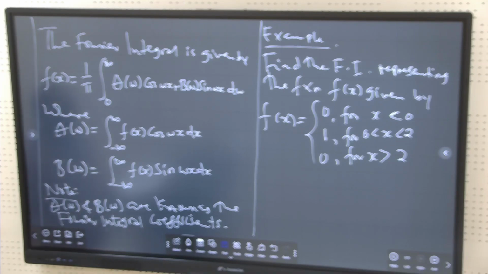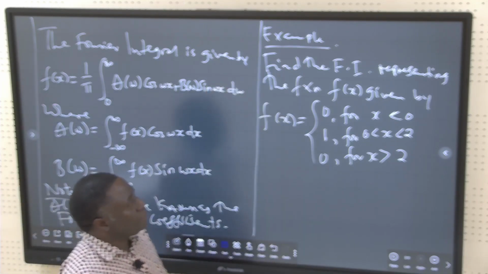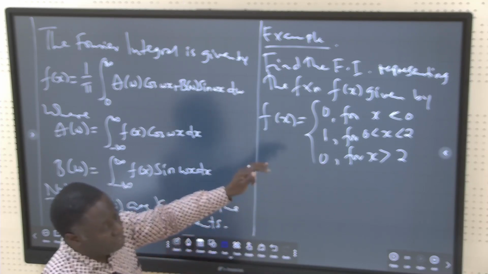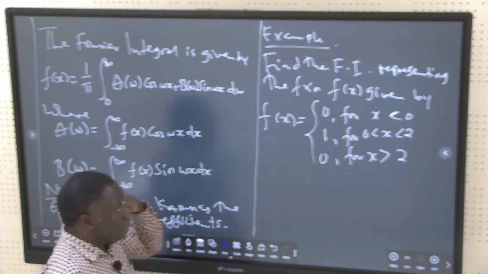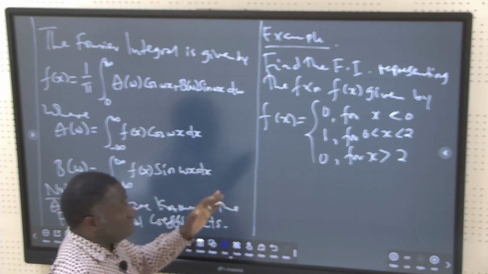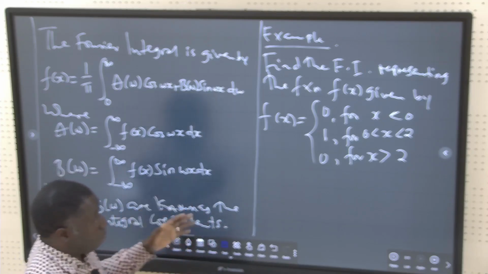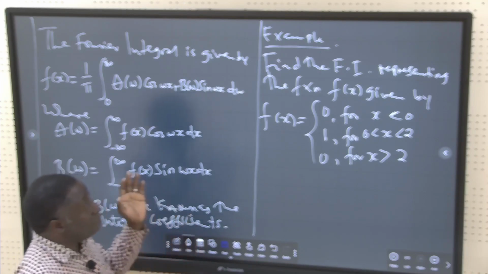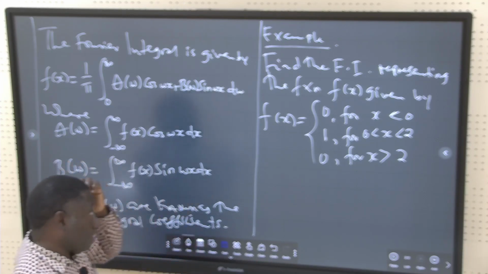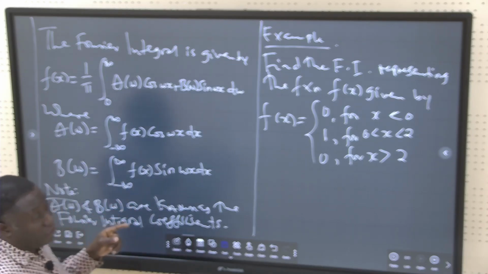Now, looking at this question, we can see that this function f of x stretches from negative infinity to positive infinity. So it is continuous and it is not a step function. It stretches from negative infinity to positive infinity, and so it is not copying and repeating itself.